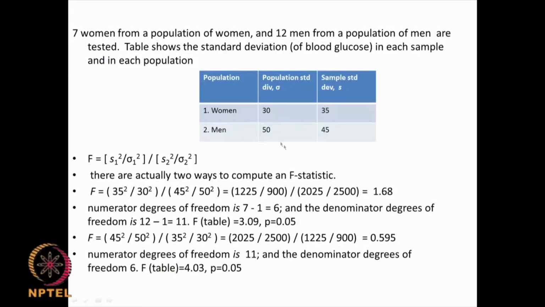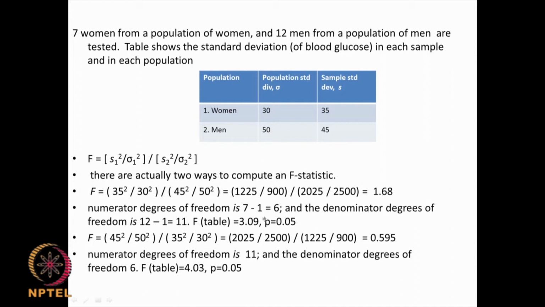So, if I had taken men variance on the top and women variance on the bottom, the degrees of freedom is 11 and 6. So, I will get a table F of 4.03. If I put women variance on the top and men variance at the bottom, I will get 6 and 11, and the F table is 3.09.